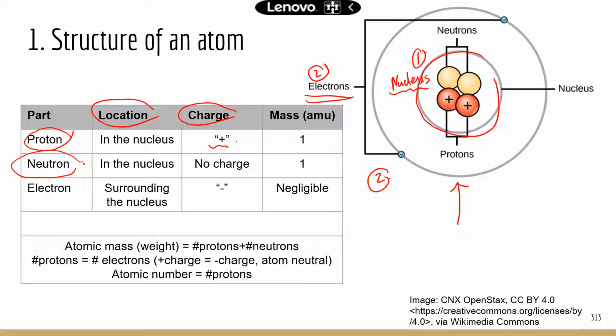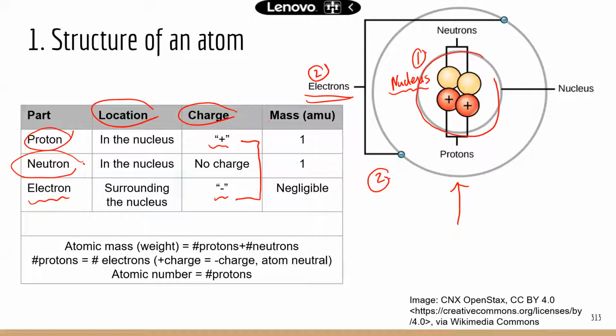They have no charge. Electrons carry negative charge. So again, each electron will carry one negative charge. So you can see that overall, an atom is neutral, right? Because the positive charge from the protons and the negative charge from the electrons cancel out.